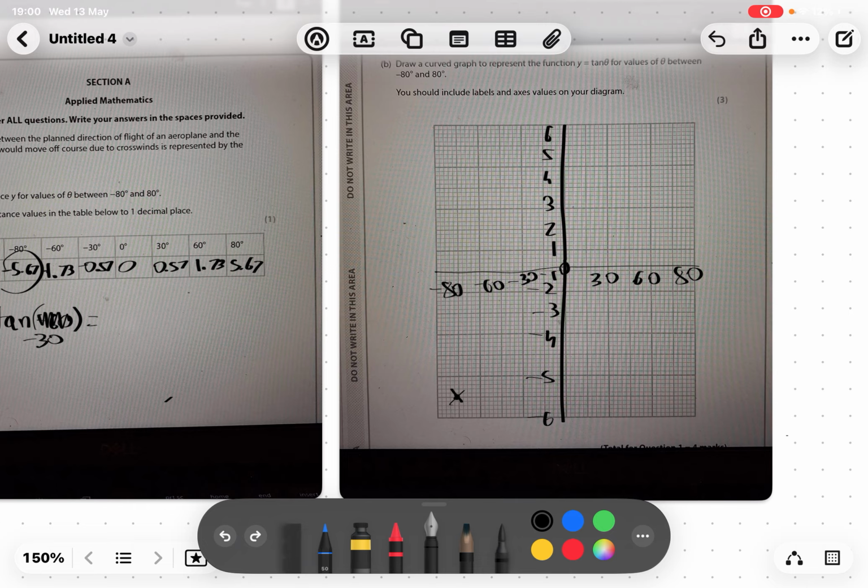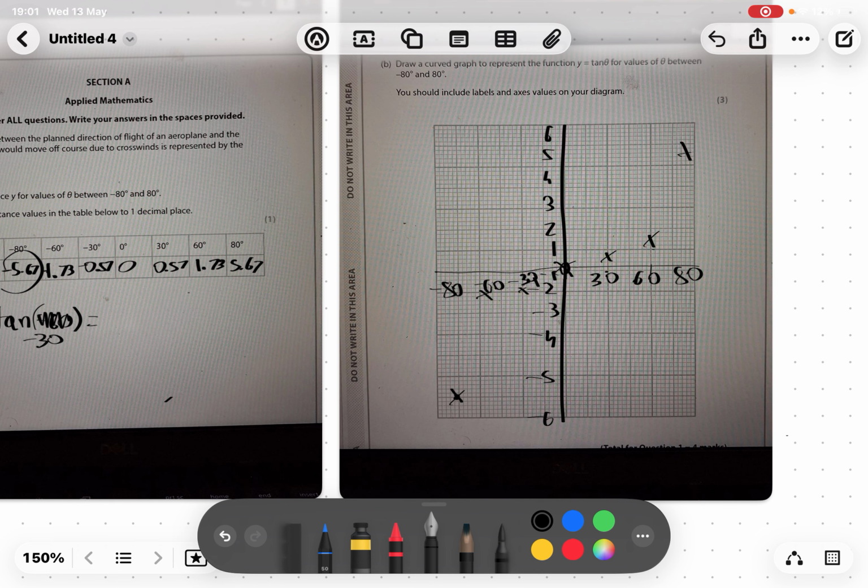Then 30 is a proper small value, so let's put it here. By the way, I put it wrong over here. It has to be exactly in the numbers. 30, somewhere there. 60, somewhere here. 80, and it would be somewhere here.